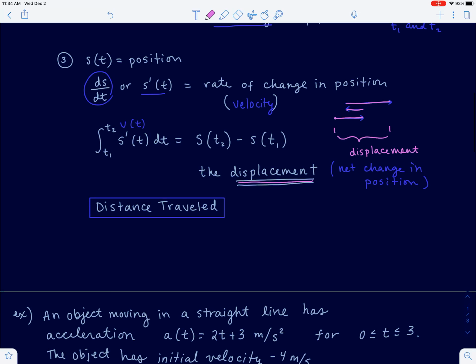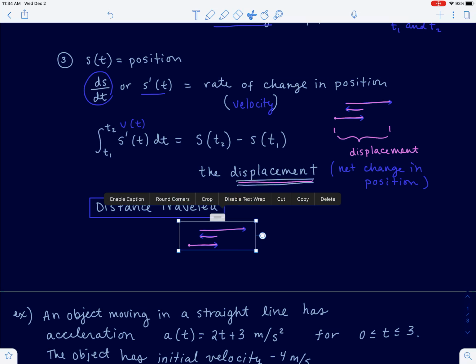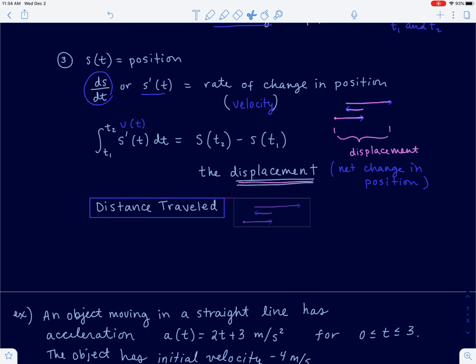But when we talk about the distance traveled, let me go ahead and cut this here. I'm going to copy it over. The total distance traveled would actually be this piece plus this piece, plus that last piece.